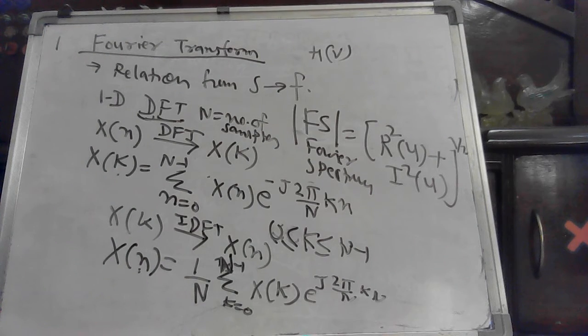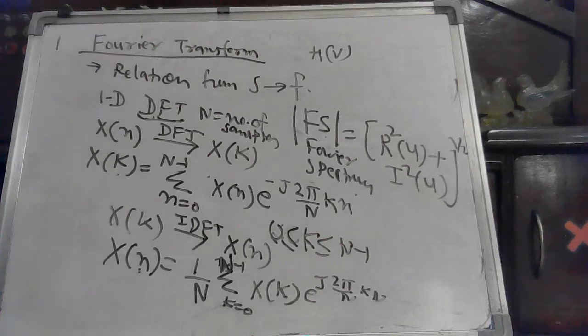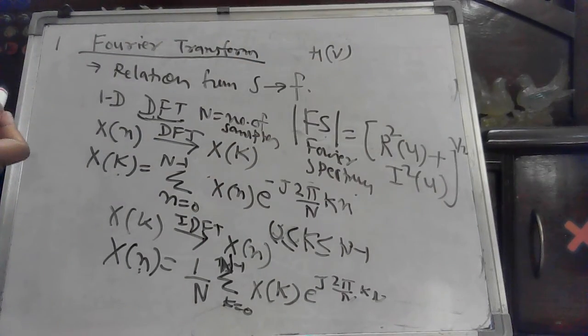So the mod of the Fourier spectrum is the square root of real part square plus imaginary part square. While for the power spectrum, if someone tells you to find it, you just square it. So just remove the power 1 by 2, and you will get your power spectrum formula.